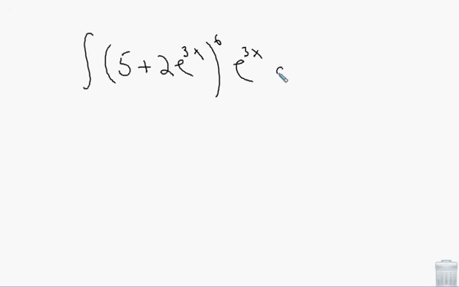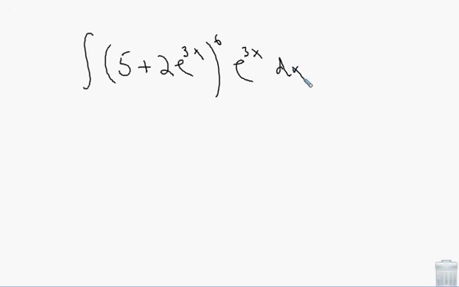There's one more kind of problem that you'll see, which involves chain rule, stuff like 5 plus 2 e to the 3x to the 6th. And then we'll have an e to the 3x out here.